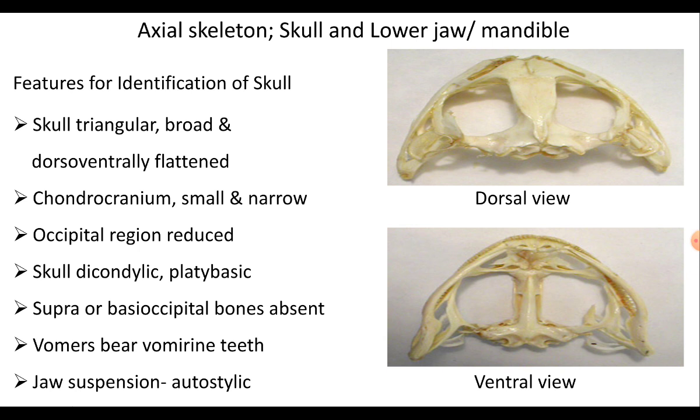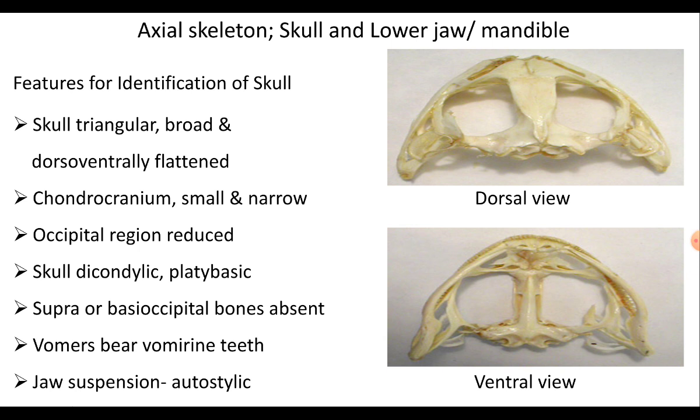It is because the posterior end of the skull is broader, and it is mainly occupied by the large eye orbits. As a result, the mid-dorsal part of the cranium is highly reduced, and such a condition of a skull is called platybasic.